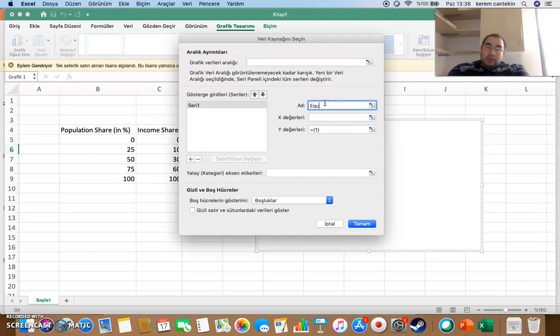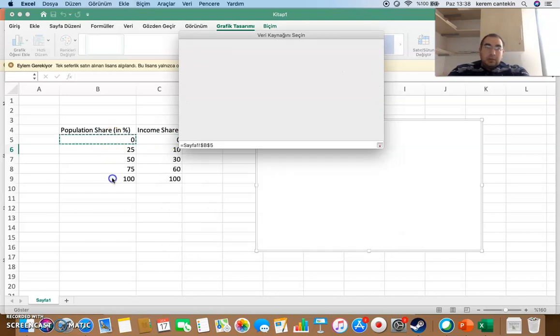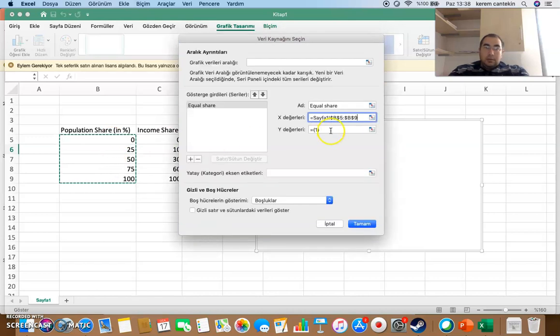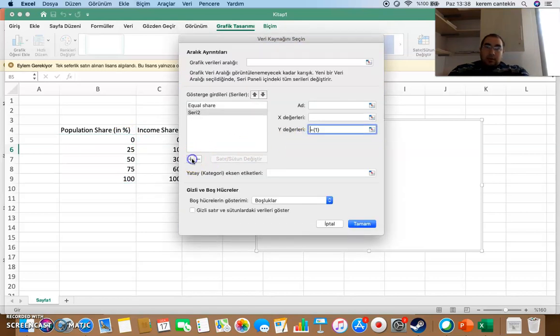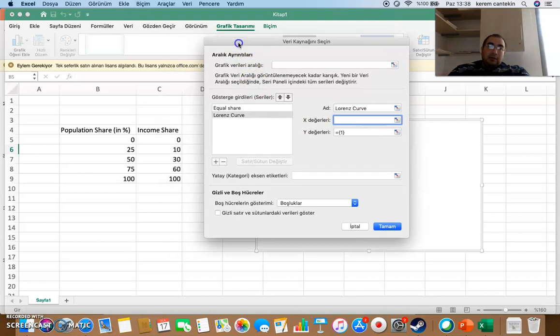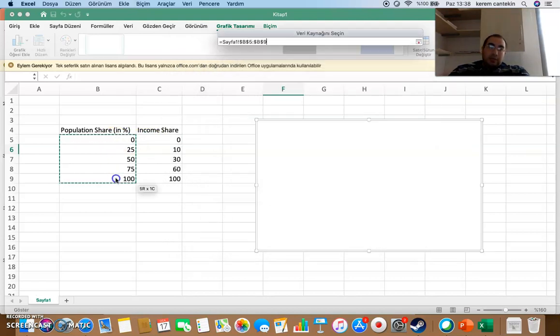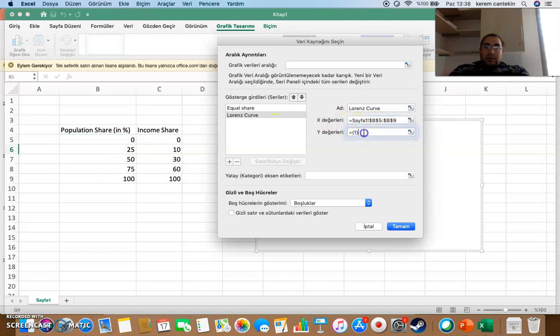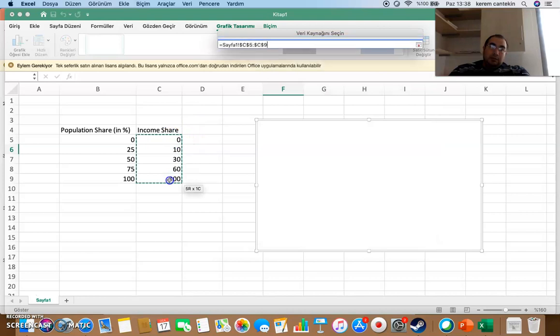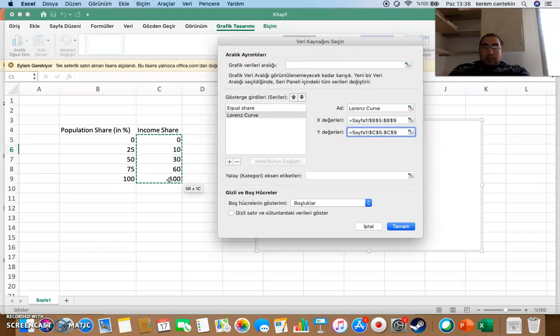You're right, equal share case. Done. Which is Lorentz curve. For X, now we need to have the income, the population share values. For Y, we need to have the income share values.